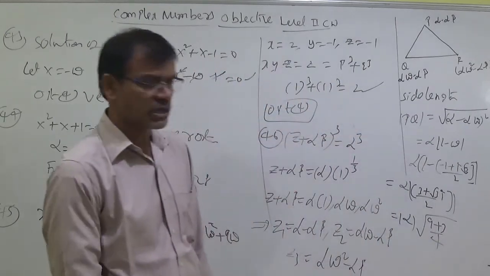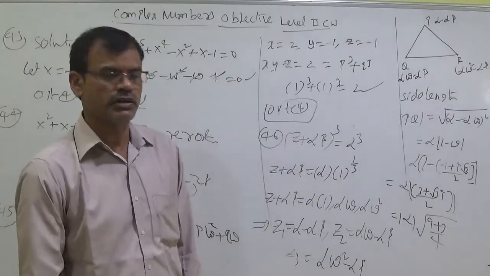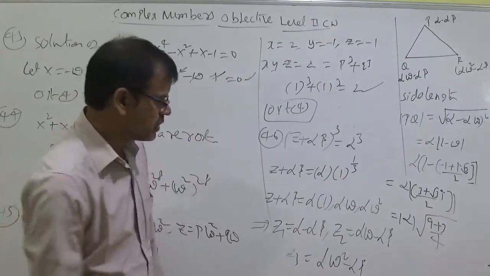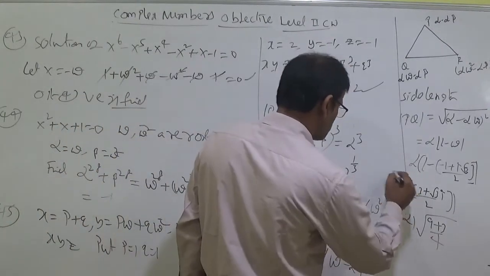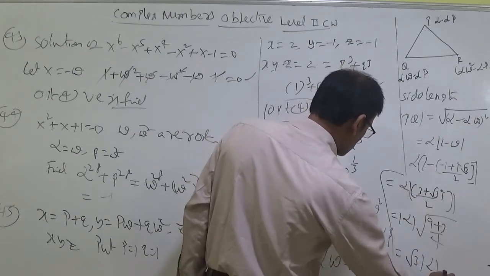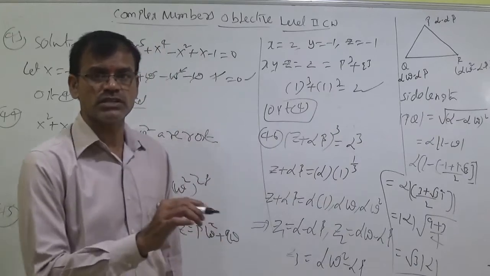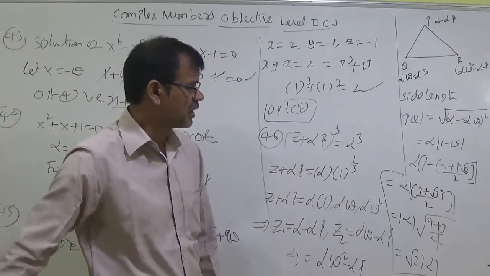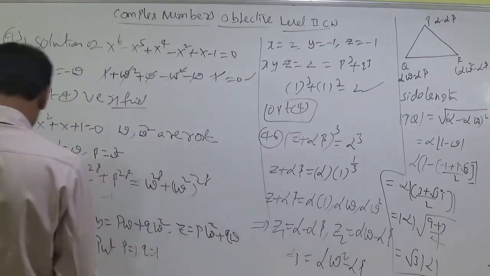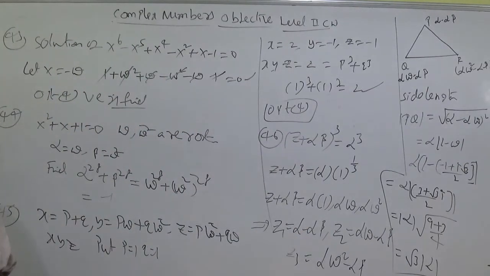According to component square plus component square, 9 plus 3 becomes 12, 12 by 4 becomes 3. That is equal to root 3 into modulus of alpha. Root 3 into modulus of alpha is the length of the side of the triangle formed by the given complex numbers. Root 3 into mod alpha is given as the second option.